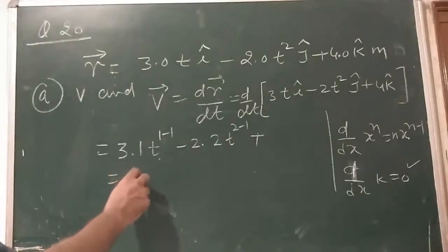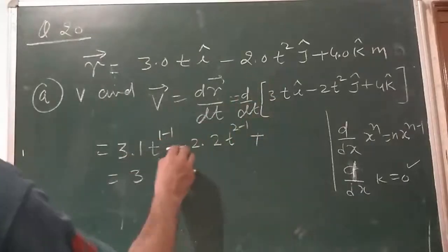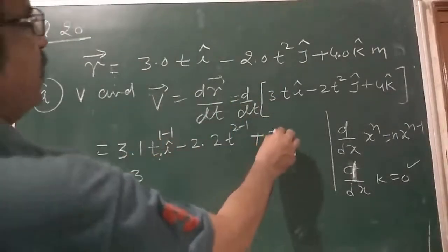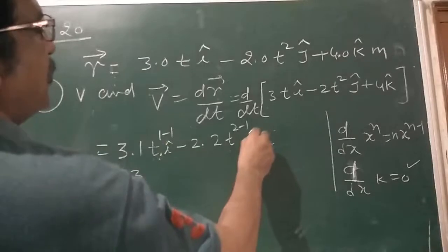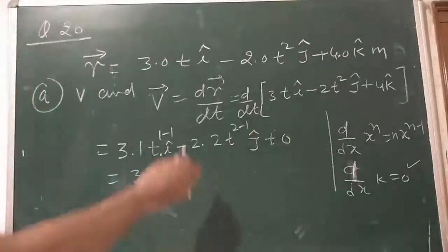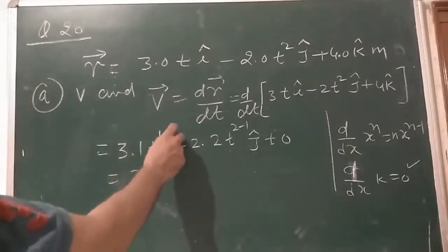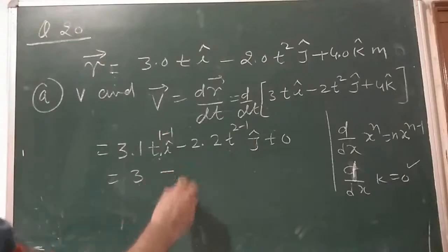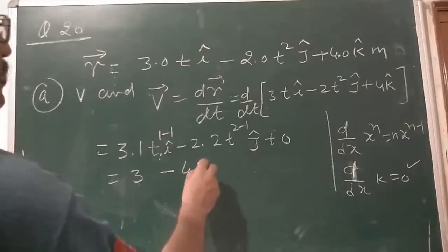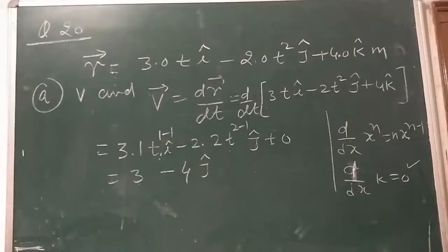So here we are getting 3 t to the power 0, which is 1, into i cap. Here is j cap, and here is 0. So it comes out to be 3 i cap, that is 3 t to the power 0 is 1, minus 4 t j cap.